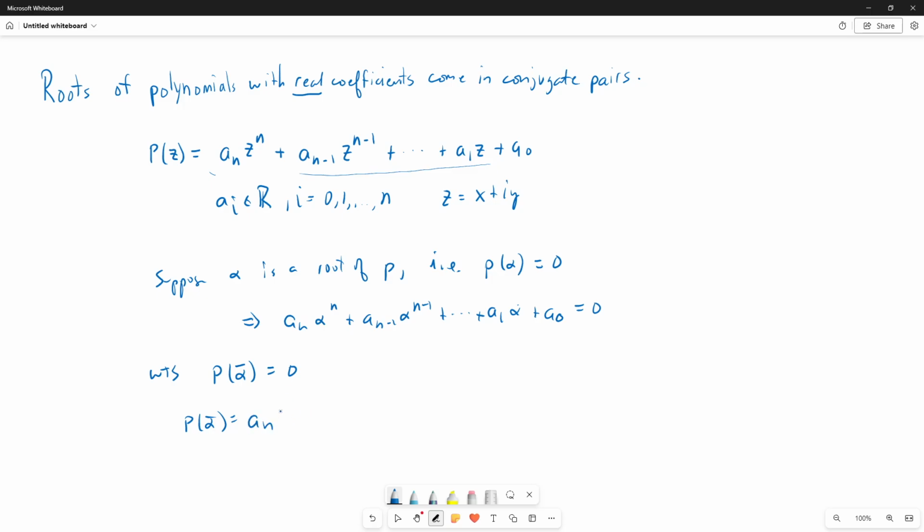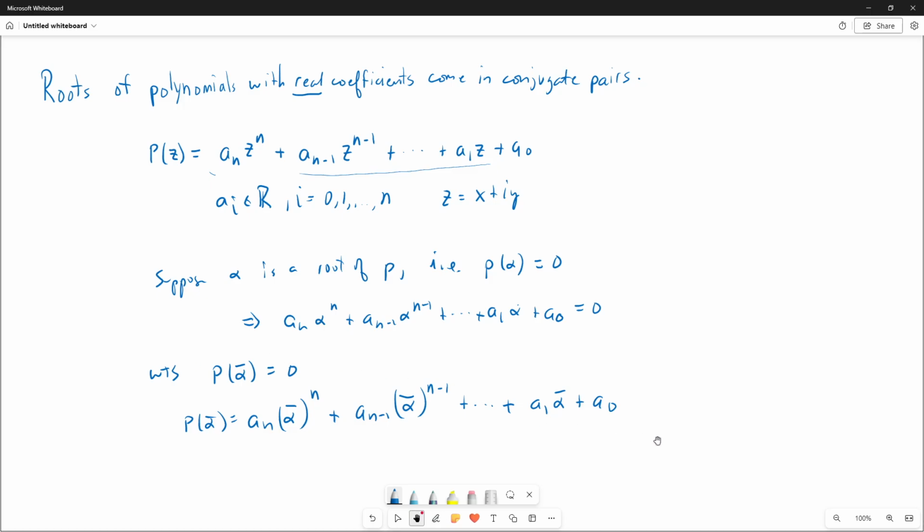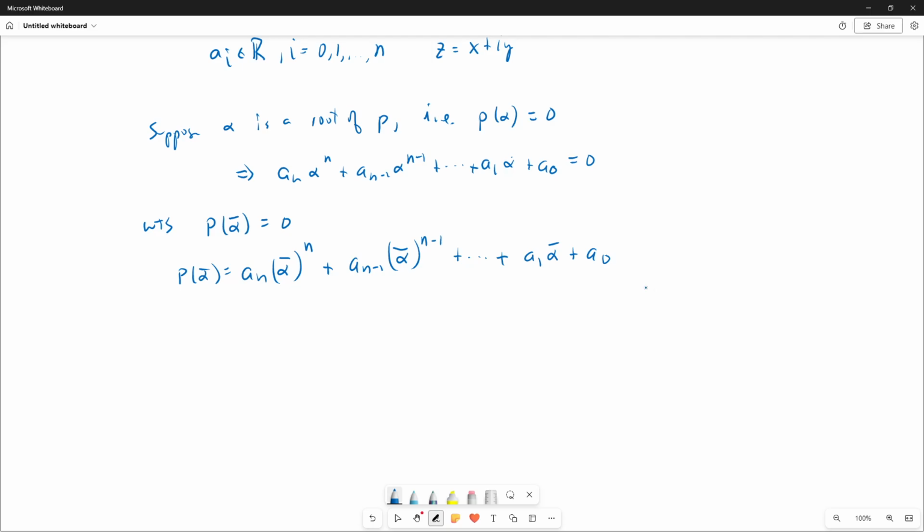It's a sub n alpha bar to the n plus a sub n minus 1 alpha bar to the n minus 1 on down to a1 alpha bar plus a0. We would like to show that this is equal to 0. So that's the question. Does that equal 0?